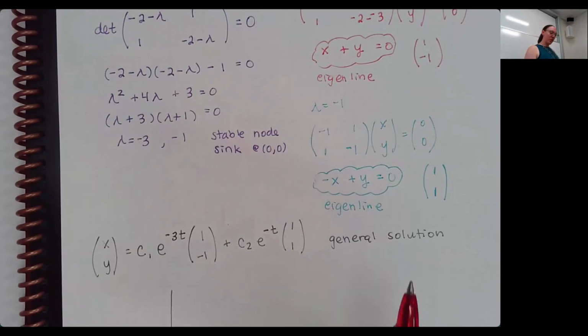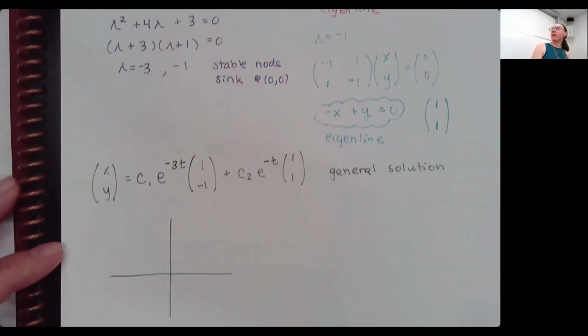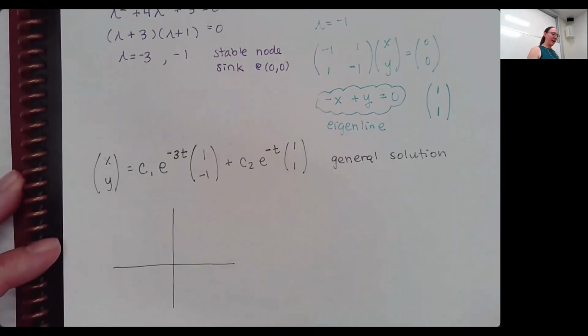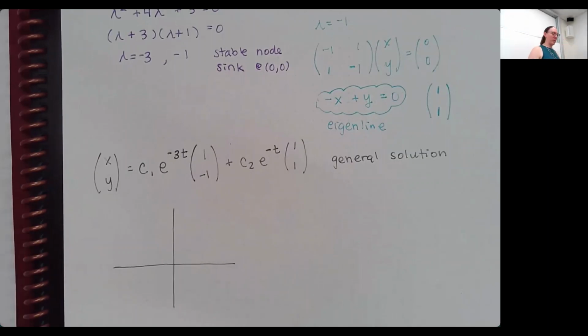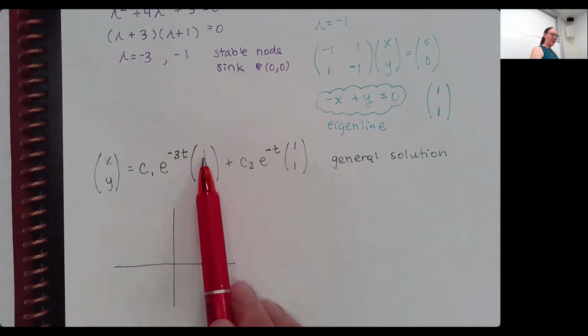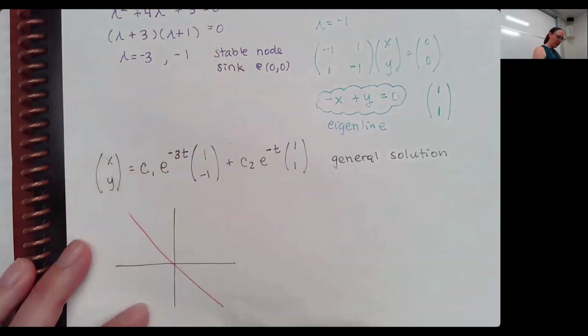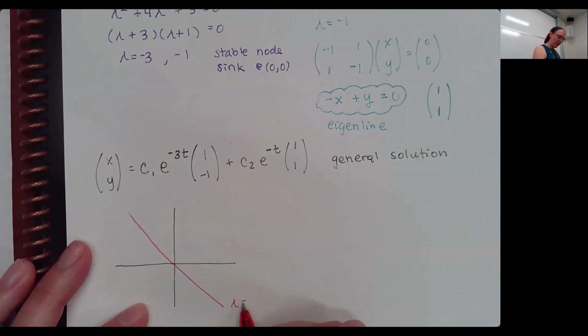So I'm going to go back and sketch our two eigenlines. So the first eigenline that went with lambda of -3, that eigenline was y equals -x, or you could take the eigenvector and just plot the eigenvector that says 1 to the right, down 1. So there's my eigenline that goes with lambda equals -3.